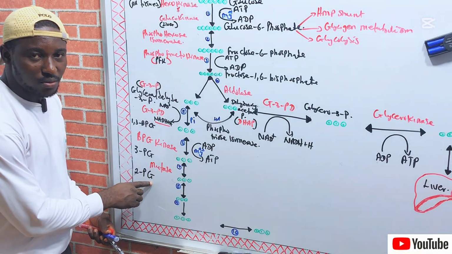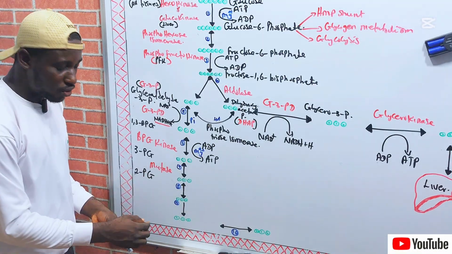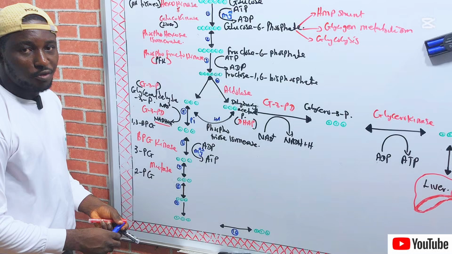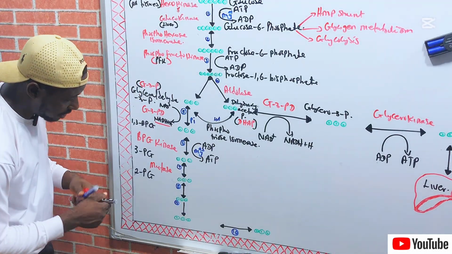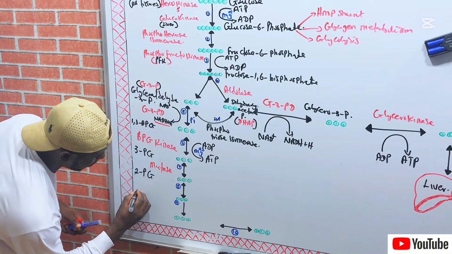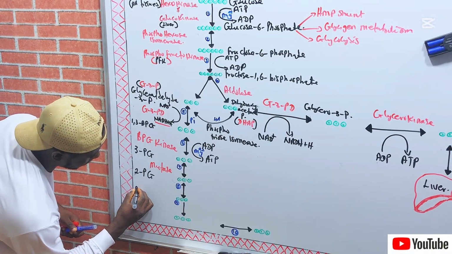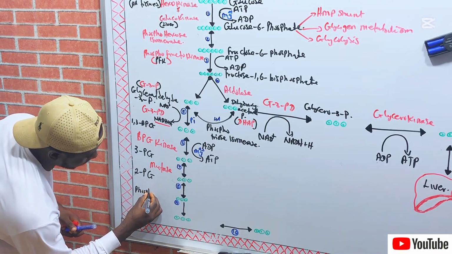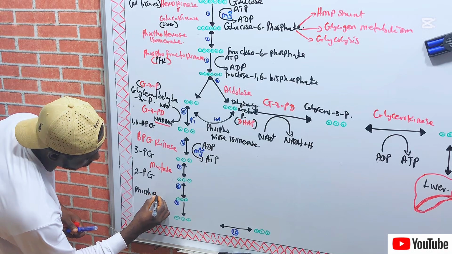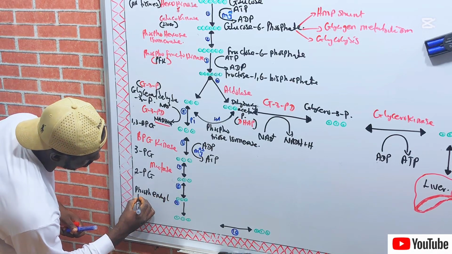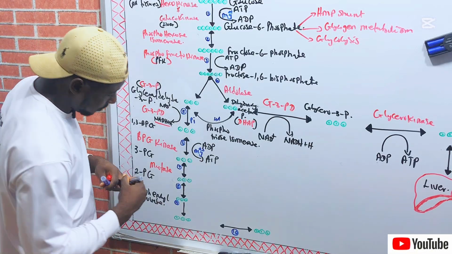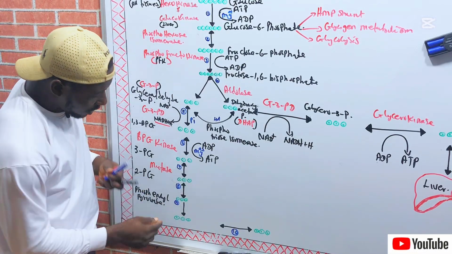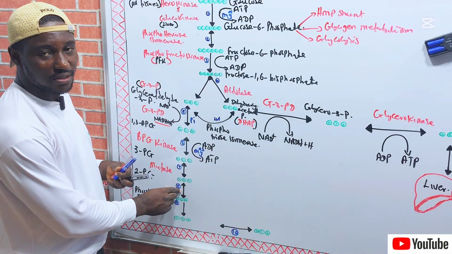Now, 2-phosphoglycerate will be dehydrated to form phosphoenolpyruvate. Now watch, this is step 8 of glycolysis, right?